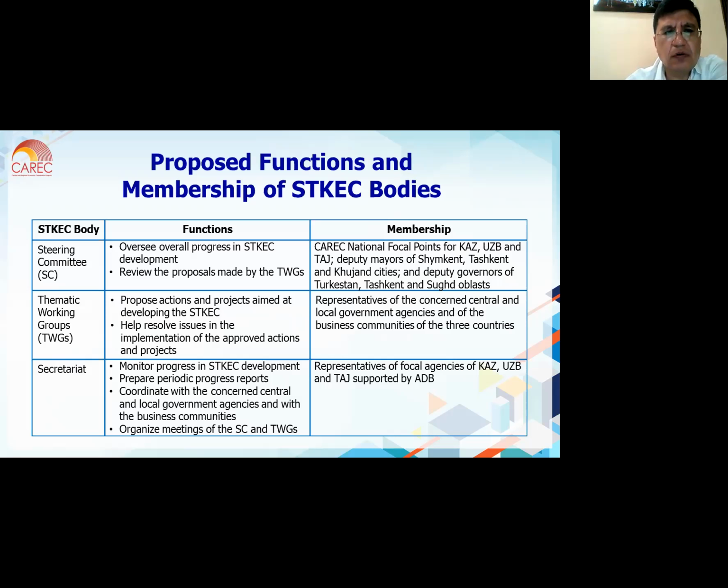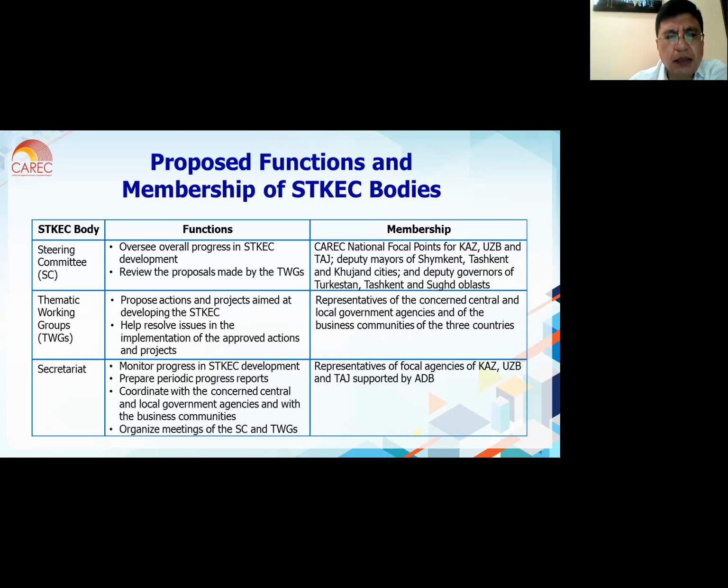I would like to point out again that the institutional structure described in the draft roadmap, which I briefly described earlier today, is just our proposal based on the experience of developing other corridors. The final decision on this institutional structure will be made by the governments and national authorities of the three countries involved in this corridor.